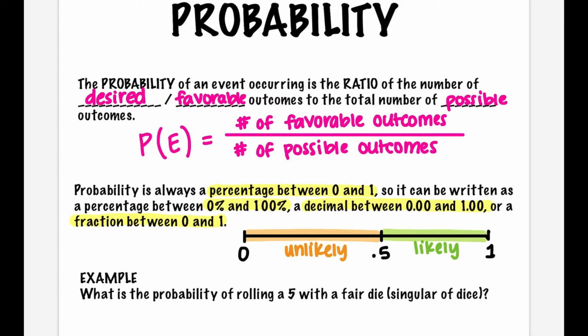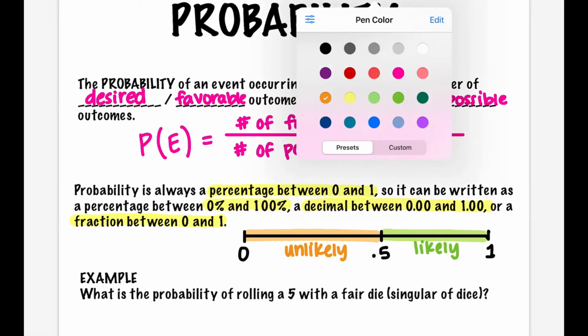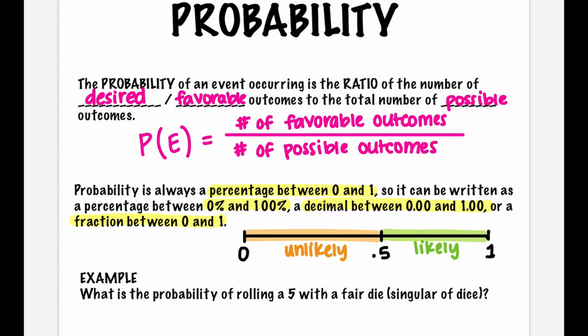Now, it is possible for it to fall at exactly 0 or exactly 1. So if it is exactly 0, we would consider that impossible. And if it's exactly 1, we would say that that is certain.